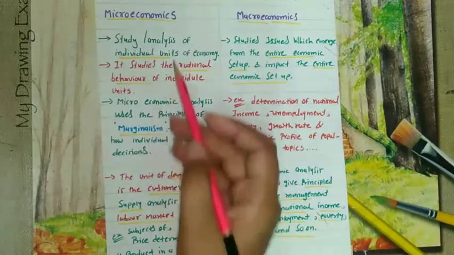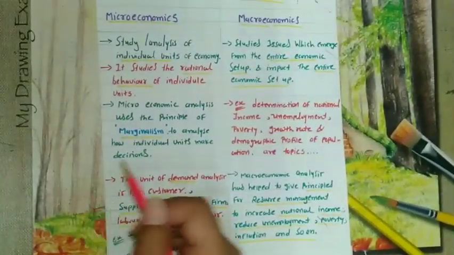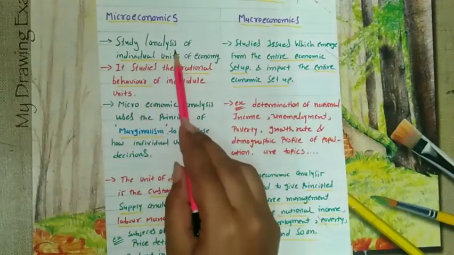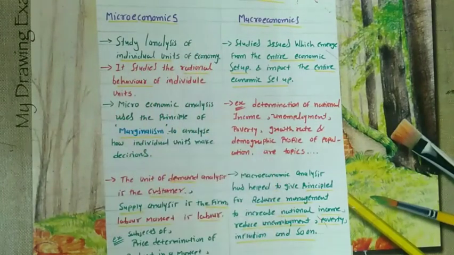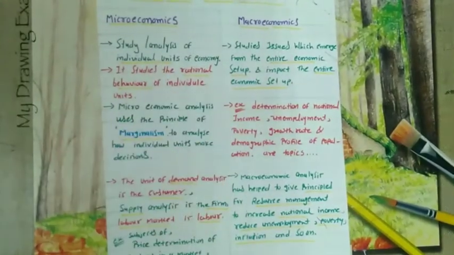The first is microeconomics. Microeconomics is the study and analysis of individual units of the economy. Again, it is the study of individual units.